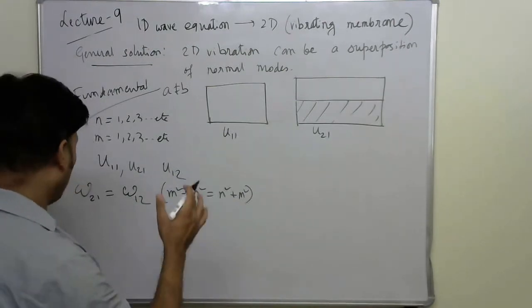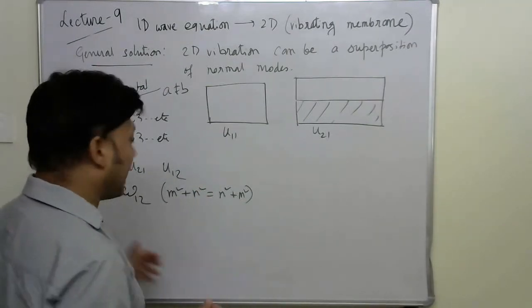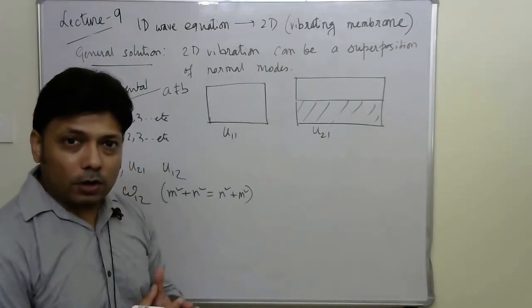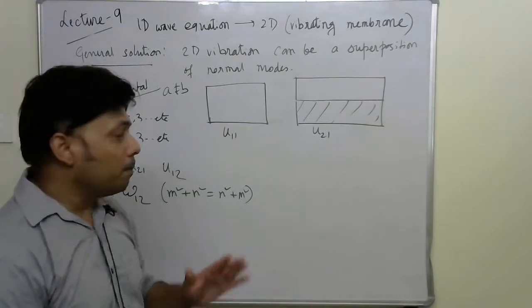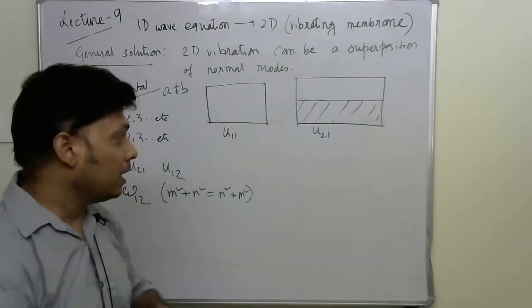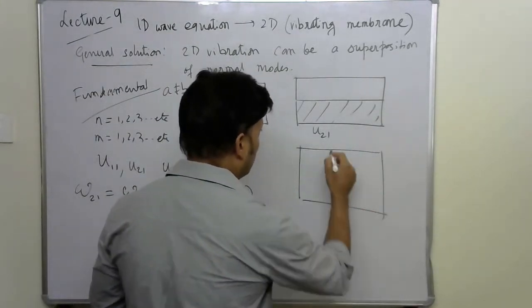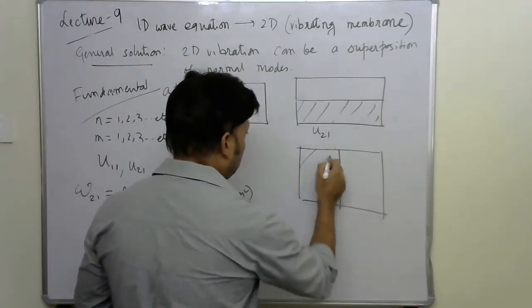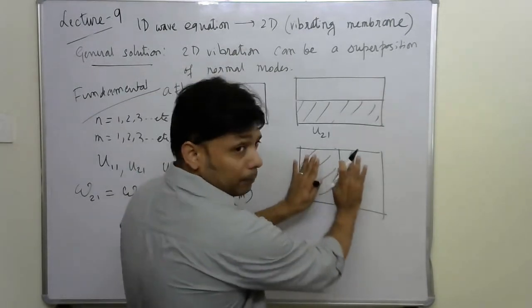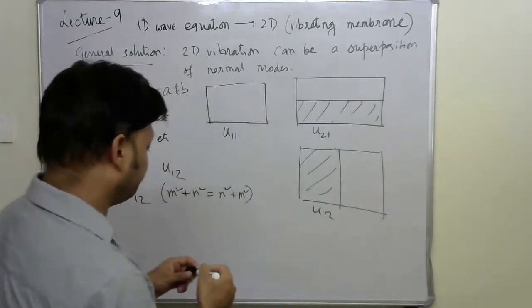So what we get is two vibrations of exactly the same angular velocity, meaning same frequency, but the modes are different. Okay, how are the modes different? So easily we can draw another mode, something like that. Now the vibration will be something like this. So we can call it U12.